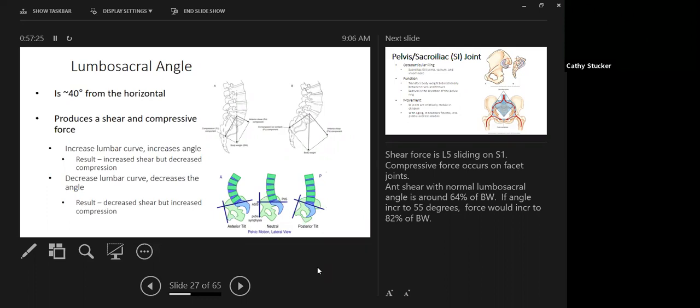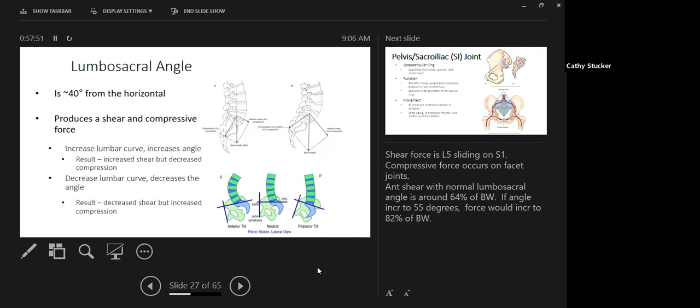So if you have a greater lumbar lordosis, you have a greater lumbar curve, you have increased shear, but it actually responds to compression a little bit better. So when you jump, when you run, that sort of thing, if you have adequate muscle control and muscle strength, you get a little bit better absorption of shock.